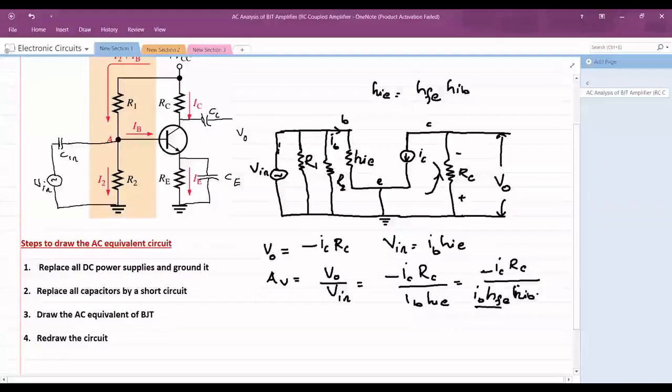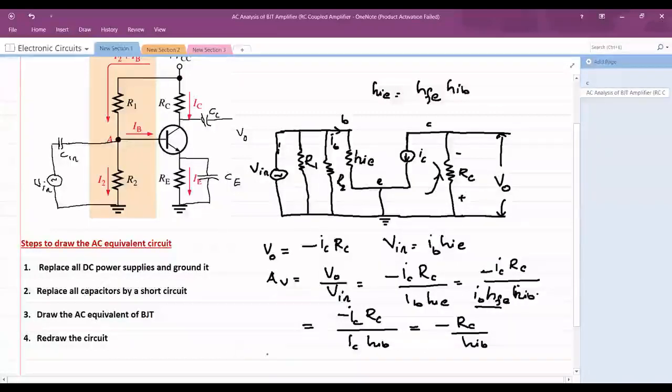So this term HFE into IB is actually equal to the collector current. So this becomes minus IC RC divided by again IC into HIB. So the IC in the numerator and denominator will get cancelled, and the gain will be obtained as minus RC divided by HIB.